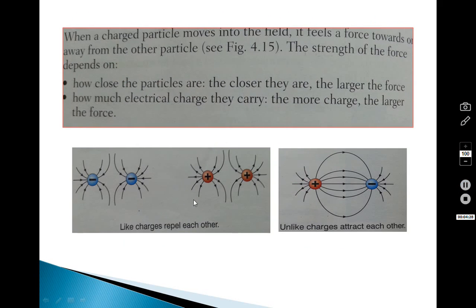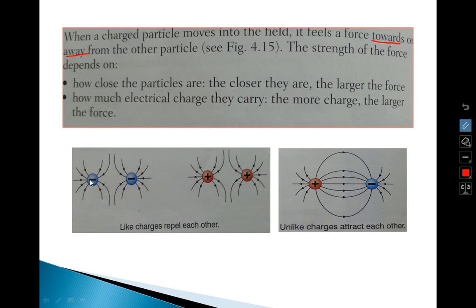Okay. So when a charged particle moves into the field, it feels a force. This force works towards or away from the other particle, as we can see here in figure 15. The force will be towards or away depending on the charge of the particles.